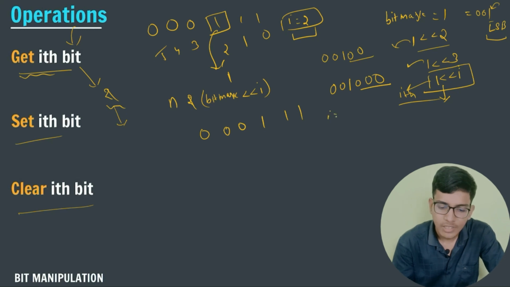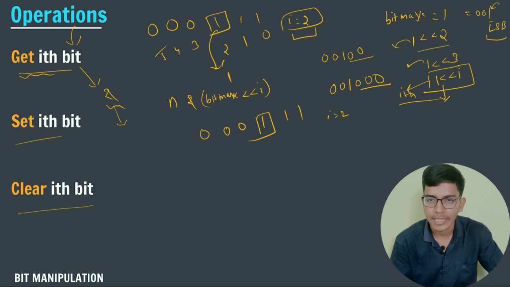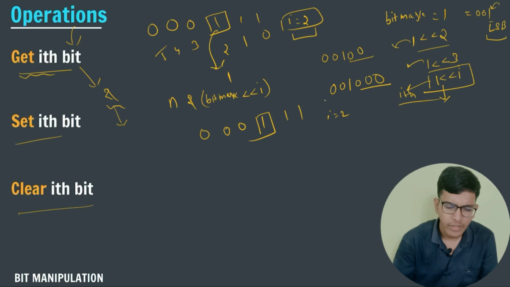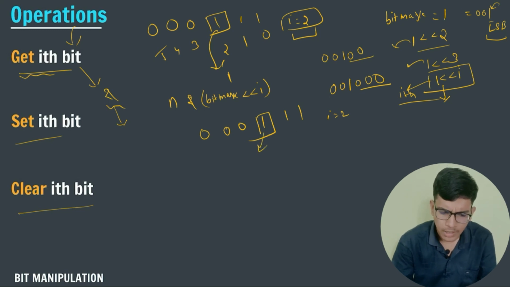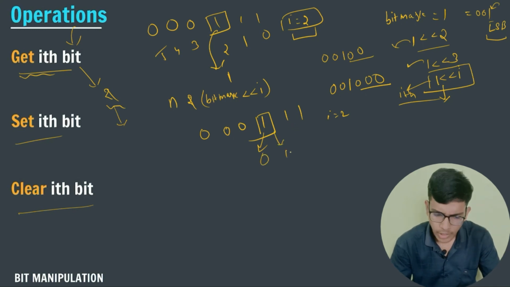In binary numbers there are only two values possible, right? So at the 0th index, there can be only two values, either 0 or 1. If the value is 1, then I will return 1 to my user. If the value is 0, then I will print 0 to my user.